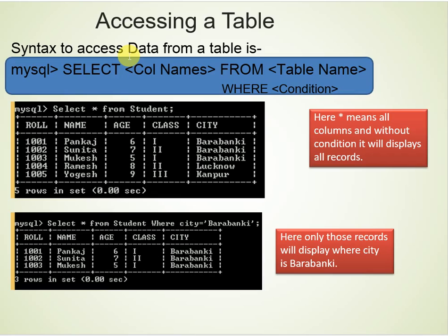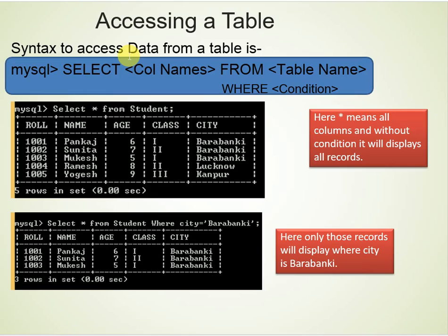Now we want to display those records whose city is Barabanki. So how can you write it? Select star from student where city equal to Barabanki.